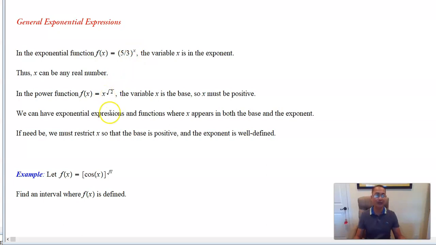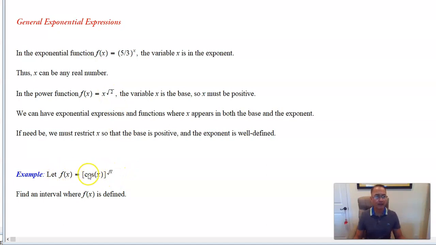Okay, so what if you have an expression like this, where x appears both in the base as well as the exponent? Okay, so we said that for these functions, x has to be positive. Okay, so we want the base to be positive in these kinds of expressions, and we just have to make sure that the exponent is also a well-defined number. Okay, it can be negative, can be positive, but it has to be defined.